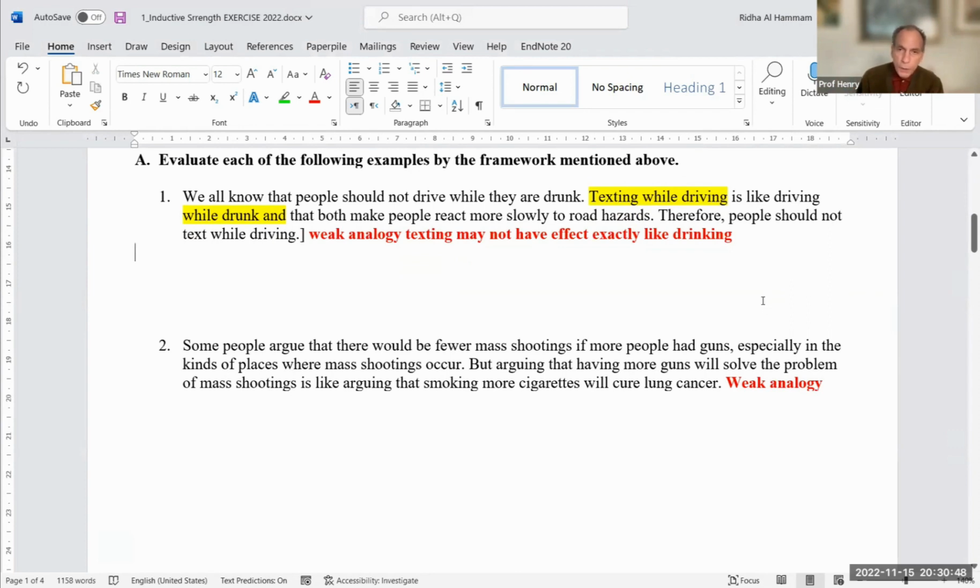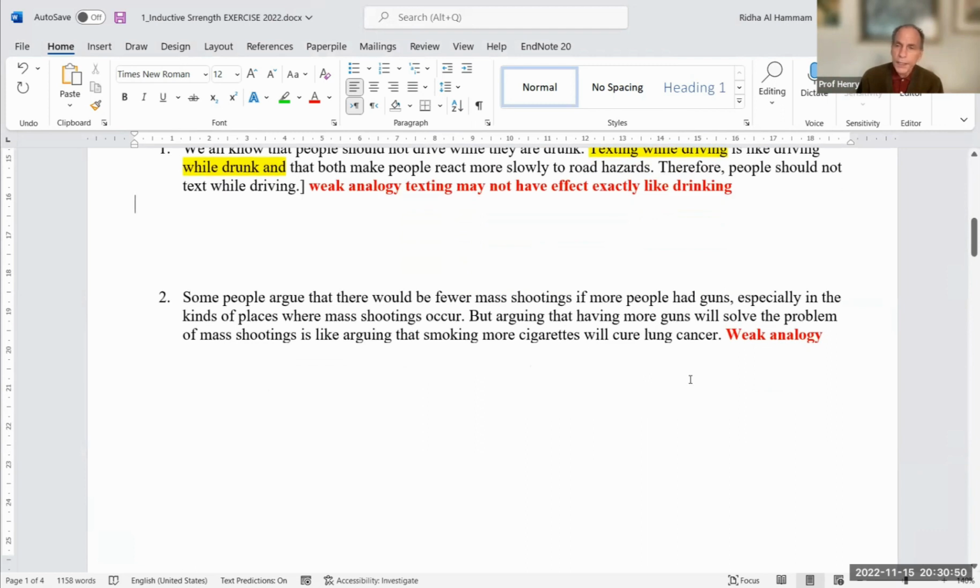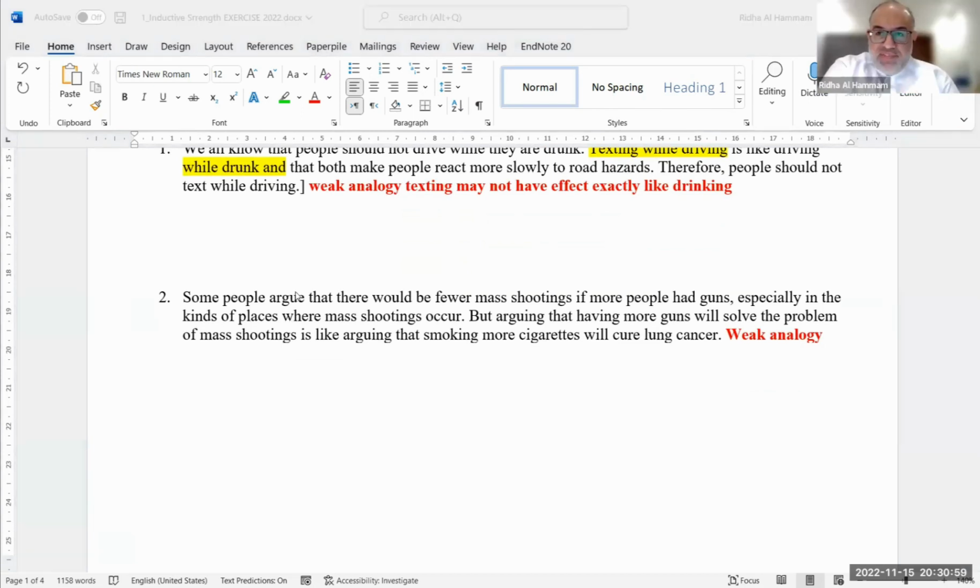Okay, so the second one, again, weak analogy, but why? Because the cause and effect relationship: allowing mass shootings, fewer mass shootings if more people had guns, may not have the same effect, because this is entirely different.